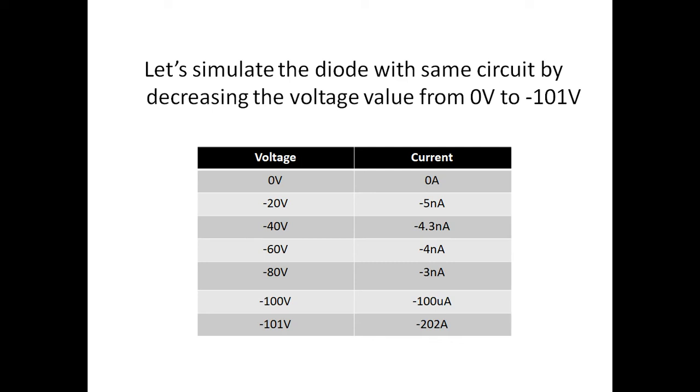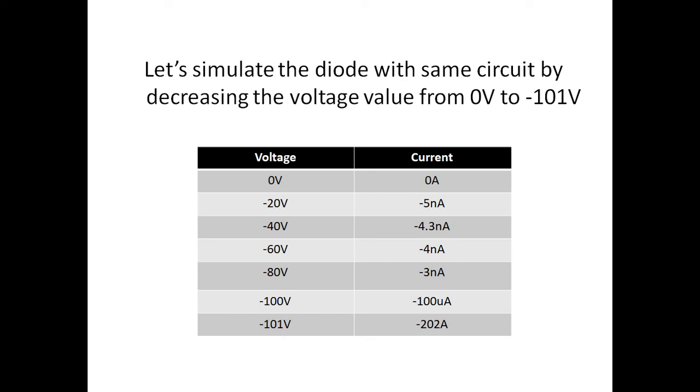So negative 60, negative 4 nanoampere, negative 80, negative 3 nanoampere, negative 100. Ayun, kung mapapansin nyo dito, ang laki na nung ginamit niya, from negative 3 nanoampere naging negative 100 microampere. Meron ding parang kanina sa forward bias, nung nag-exceed tayo sa 0.7, naging 0.91, ang laki na nung ginamit exponentially. Actually, ganito rin yung behavior niya pag nire-reverse bias natin.